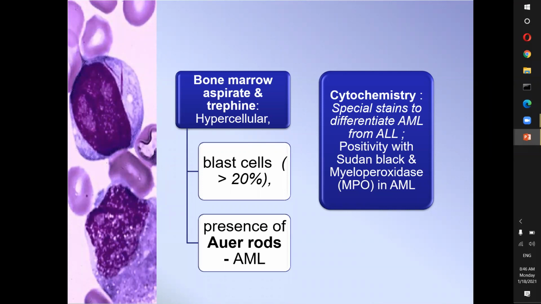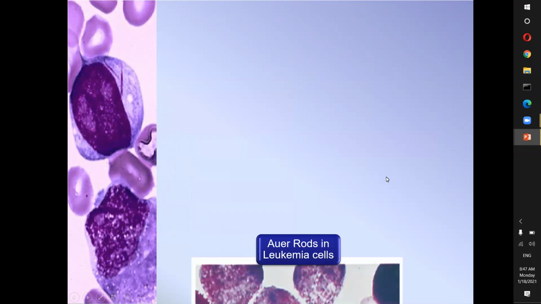How can you differentiate between AML and ALL? This depends upon special stains, Sudan black and MPO, which are positive in AML and negative in ALL, or the presence of Auer rods. The presence of Auer rods is diagnostic for AML.